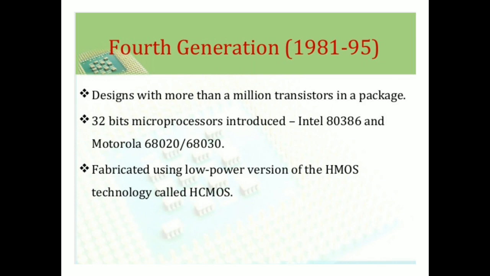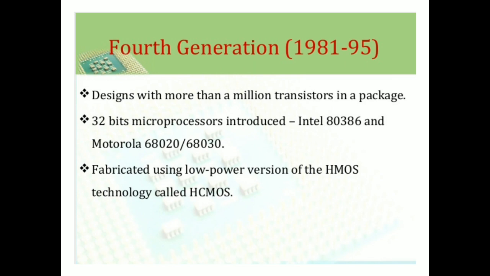So the next generation is the fourth generation. The microprocessors entered their fourth generation with designs containing more than 1 million transistors in a single package. This era marked the beginning of 32-bit microprocessors.